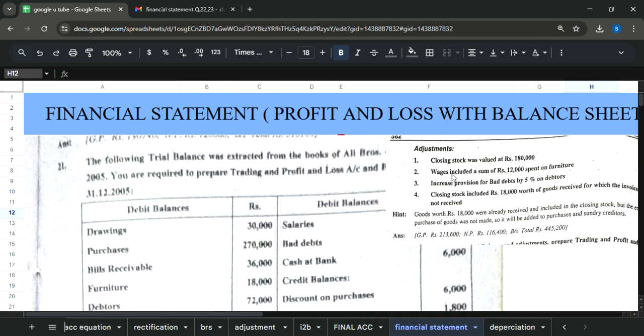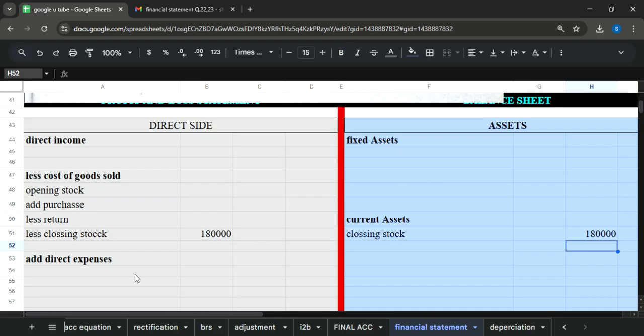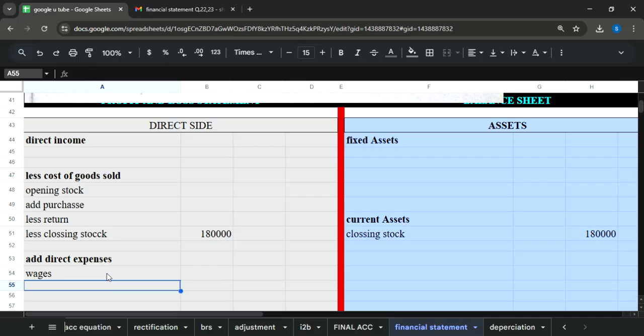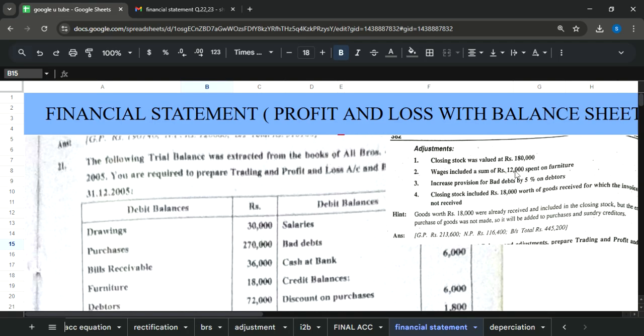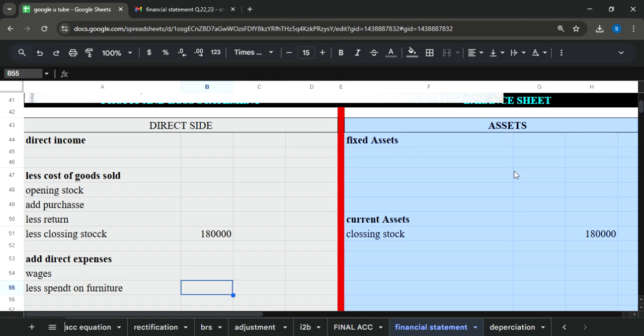The actual amount was spent on furniture, so it should be added in furniture, but by mistake we have entered it in wages. When any amount is entered by mistake, it's easy to subtract it. So you are going to write over here spent on furniture, amount of which is 12,000. So you will be putting 12,000 over here.